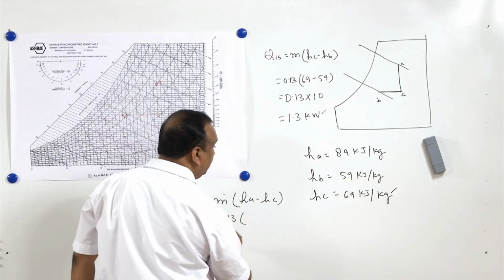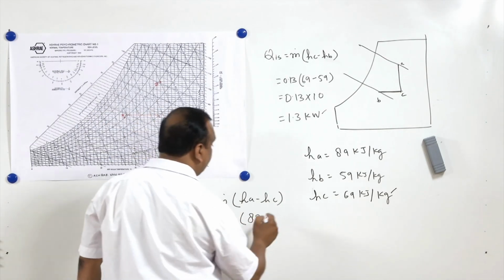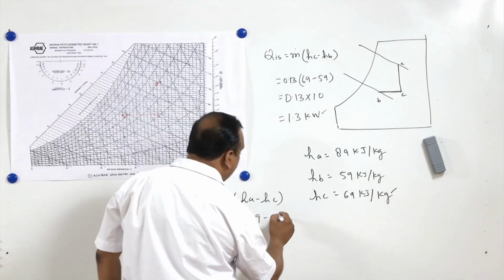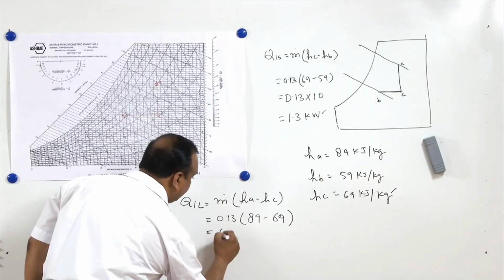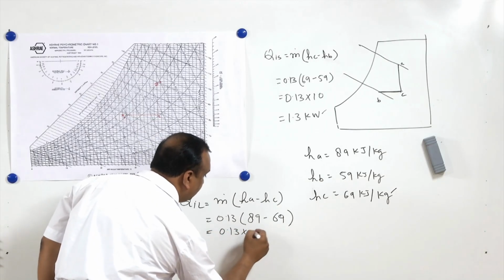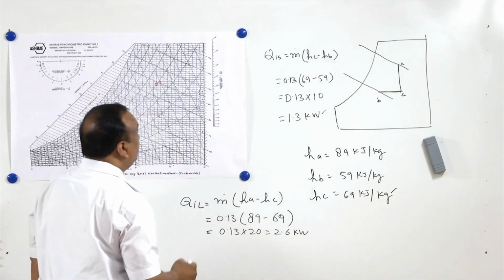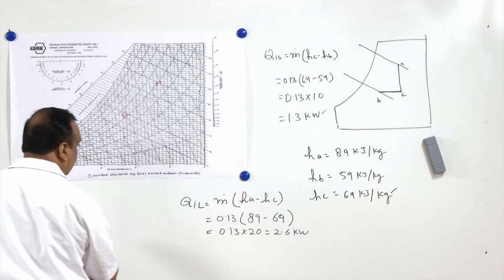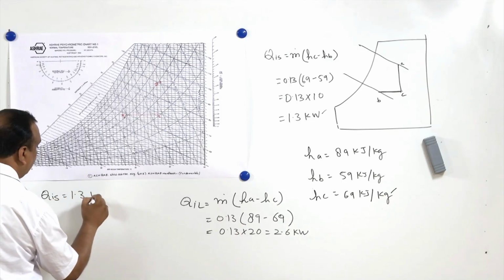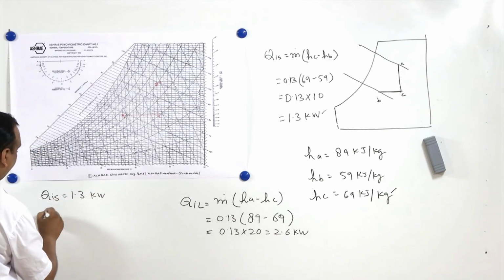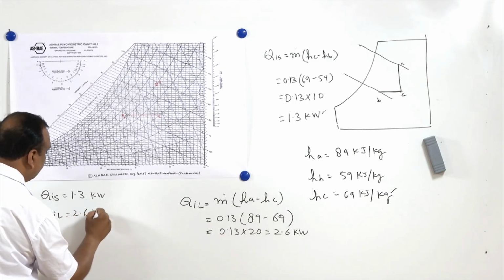HA is 89 kilojoules per kg and HC is 69 kilojoules per kg. Now this is going to be 0.13 multiplied by 20, or 2.6 kilowatts. So we will write here, infiltration sensible heat is 1.3 kilowatt and infiltration latent heat is 2.6 kilowatt.